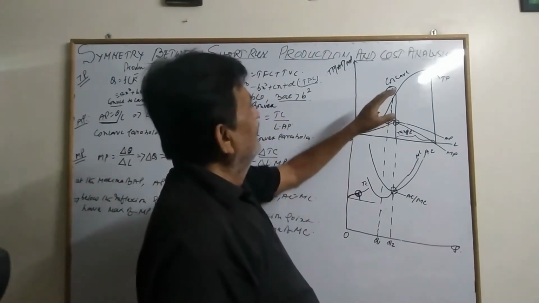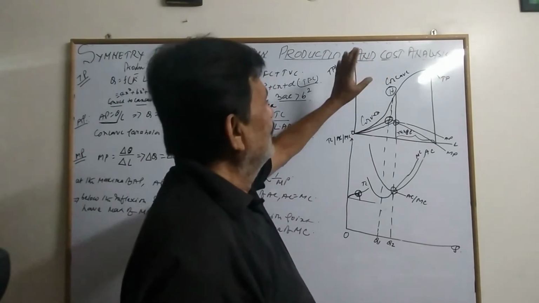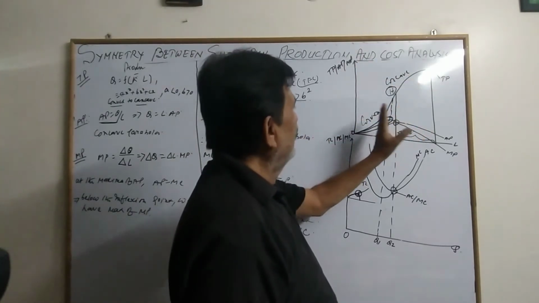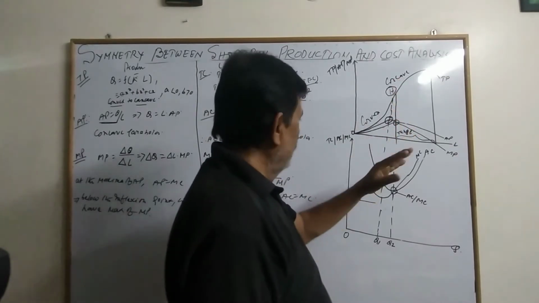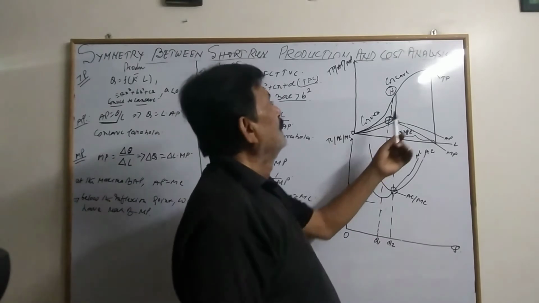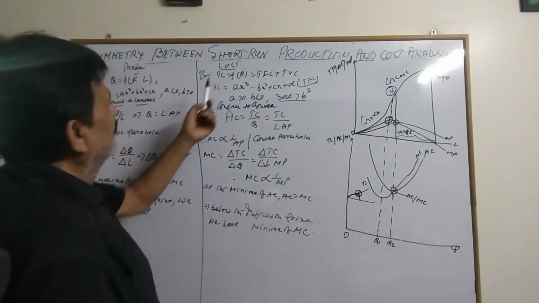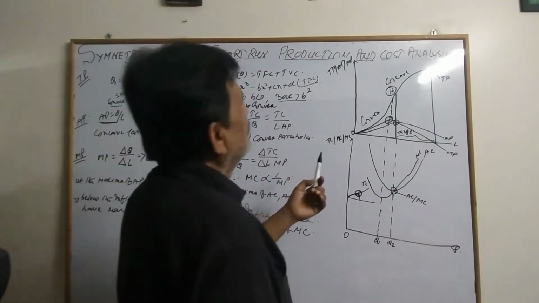So this is the history of production, where all the three curves are, and there are three stages that we have explained. Now you see what is happening. Let us start from the total concept. Here we have production and here we have cost.